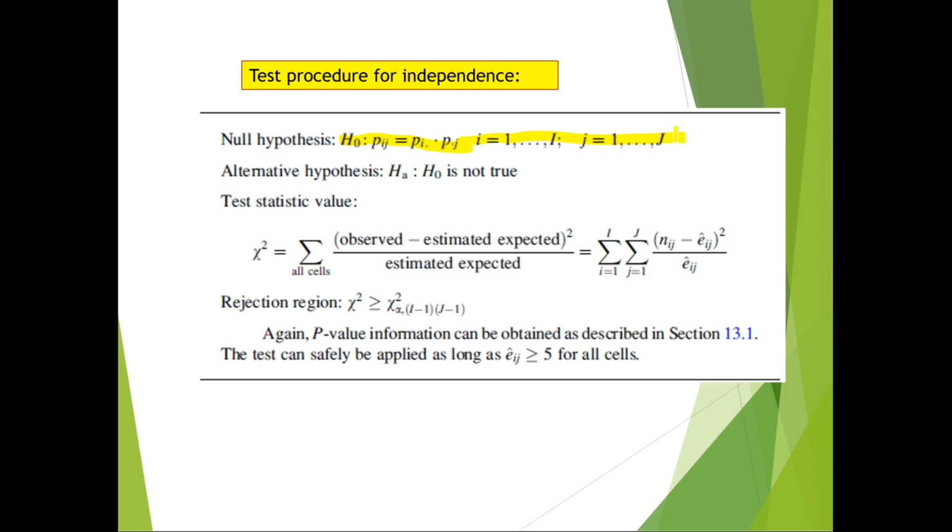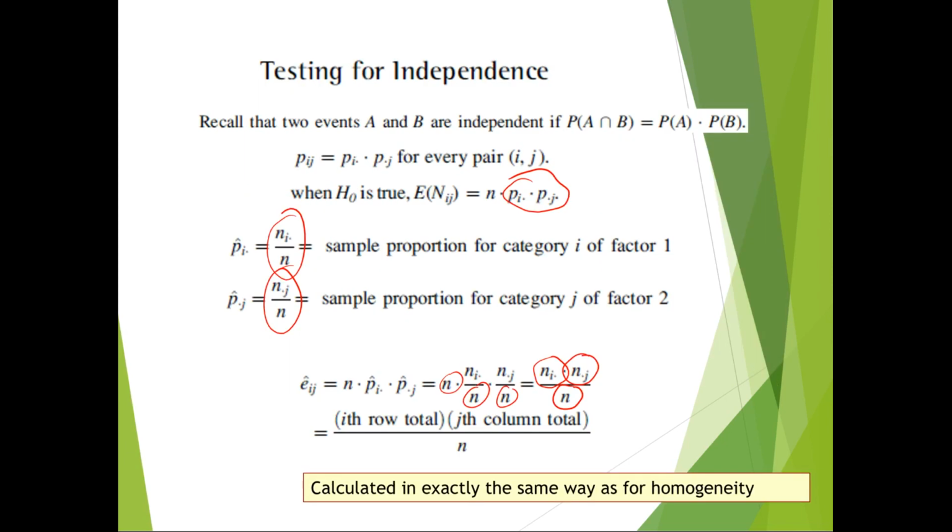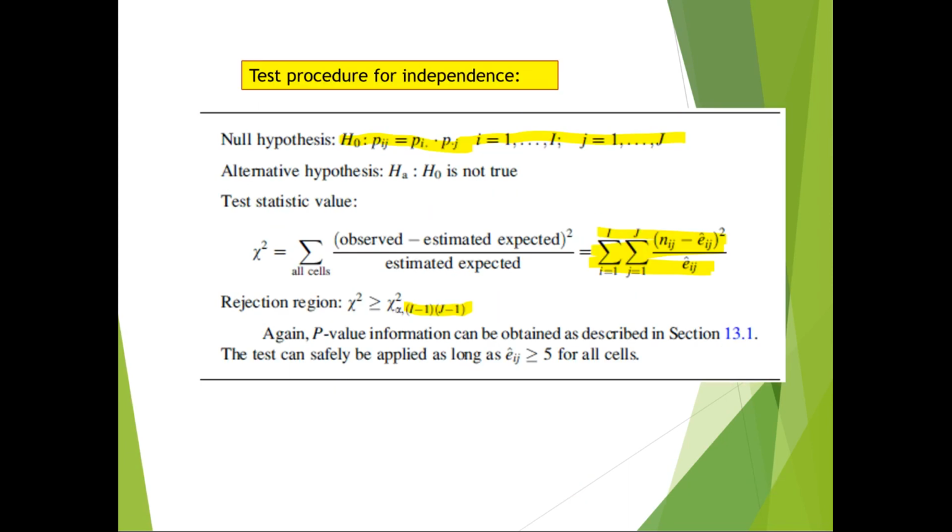Your test statistic is calculated in exactly the same way, and your degrees of freedom is now I minus 1 times J minus 1, because all the rows add up to n and all the columns add up to n. So you have I minus 1 independent row totals, and you have J minus 1 independent column totals, and that's your degrees of freedom.